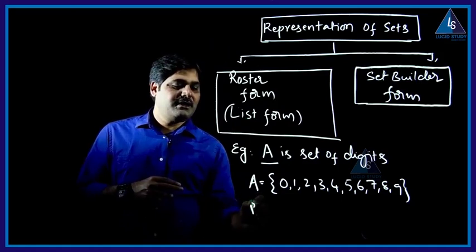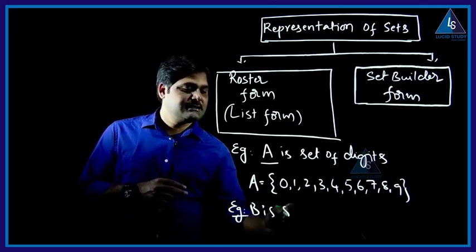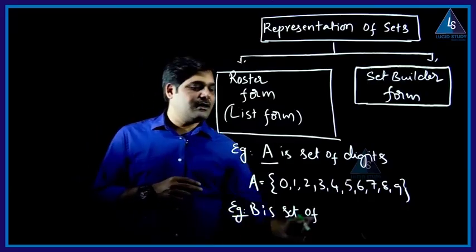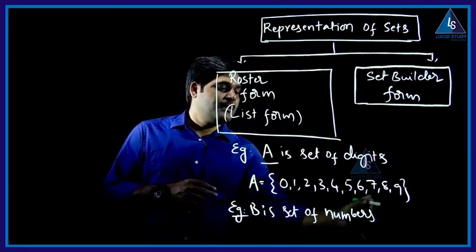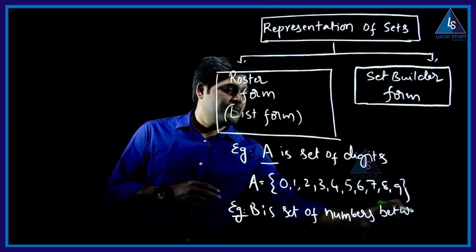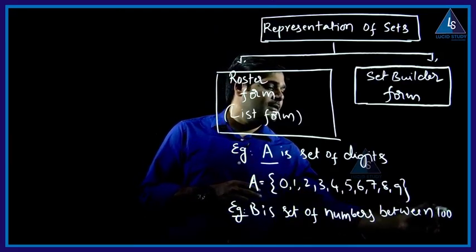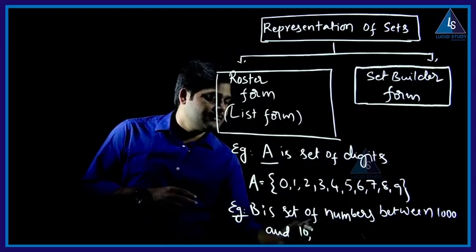See here, B is one more example. B is a set of numbers between 1000 and 10,000.